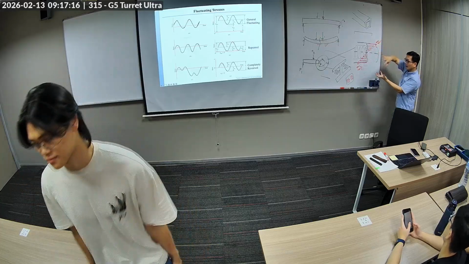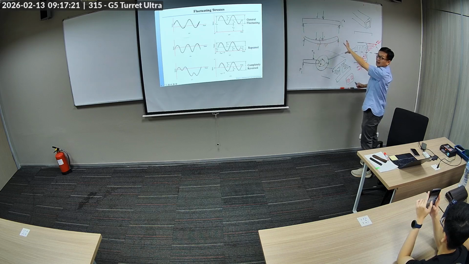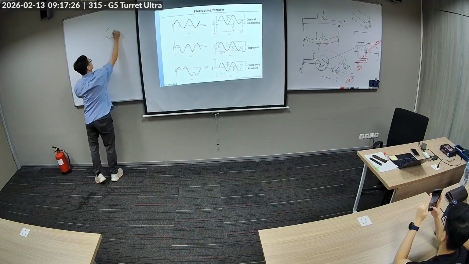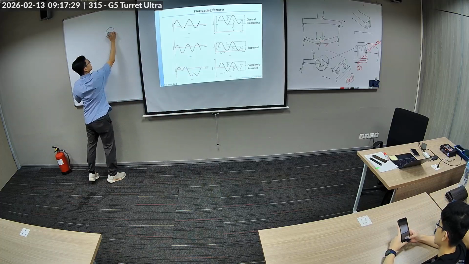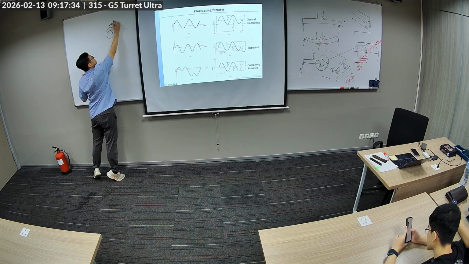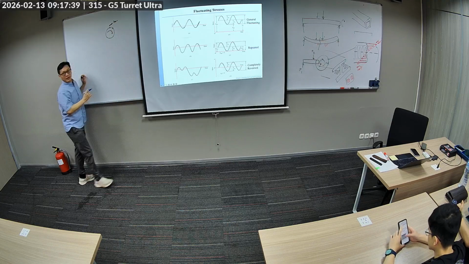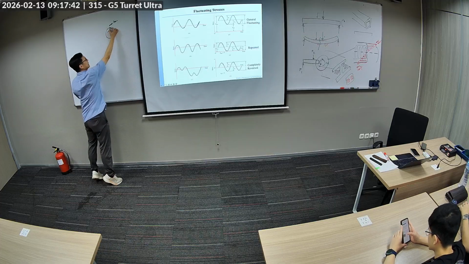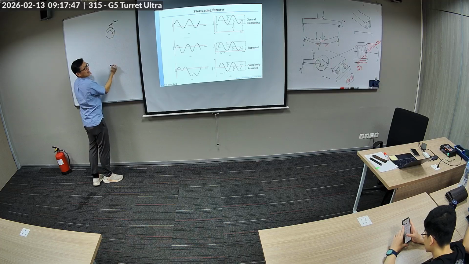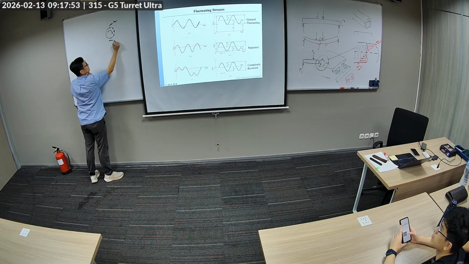If this shaft is round, and I draw it from this side, it's rotating. First, here it's maximum tension. Then I rotate, and a millisecond later, I'm here. Another millisecond later, I'm here, and then here, and then here. And this is maximum compression.